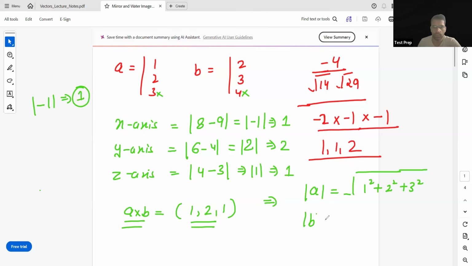Under root of B is equal to under root of 2 square plus 3 square plus 4 square. This is the magnitude. Clear? Now, 1, 2, and 1 are the cross product of A and B. Now, is it clear to everyone? If anyone has any doubt, please ask.